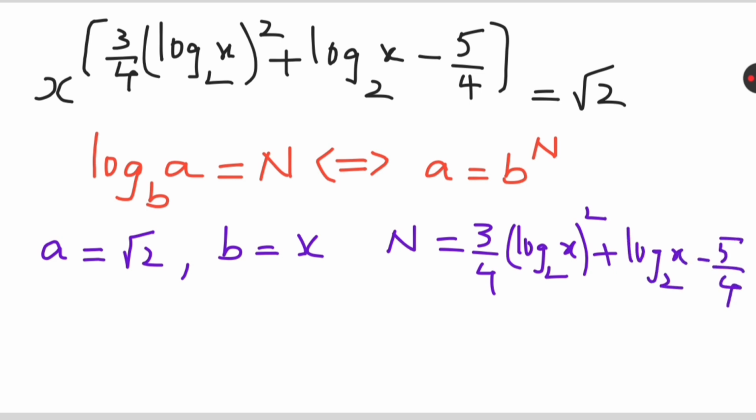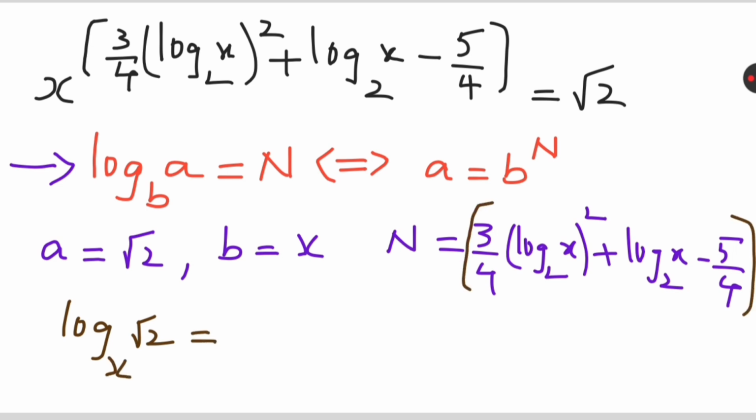If you substitute these a, b, n values in this logarithm property, then we get log root 2 with base x equal to this whole expression n.